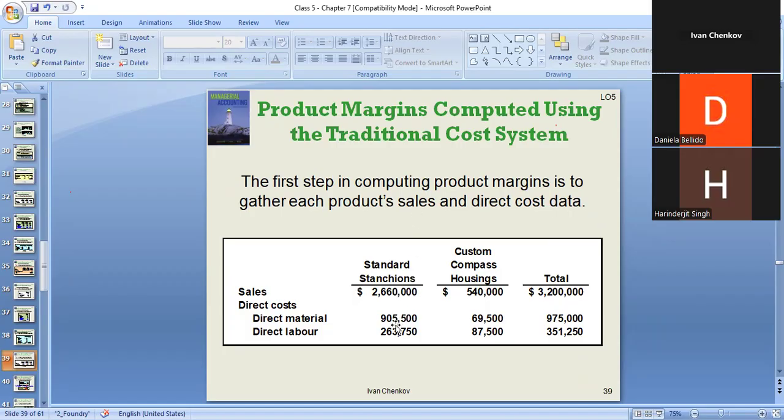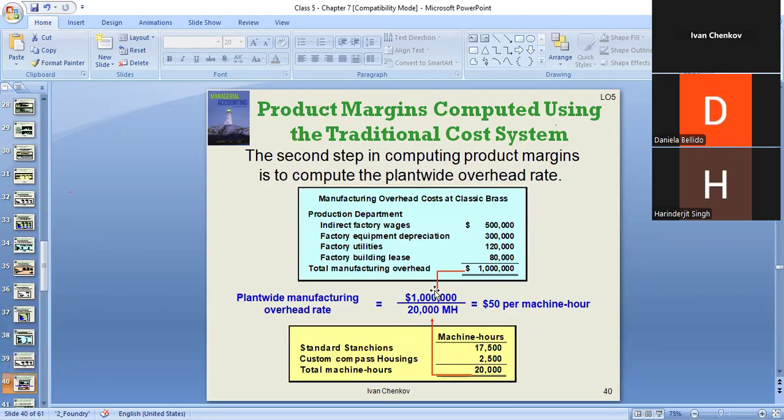So again, direct material, direct labor, there's nothing we can do. They're directly allocated. After that, we're trying to allocate the manufacturing overhead. On the manufacturing overhead, we're going to allocate only $1 million, nothing else, but based on the hours, because our driver will be the machine hours.